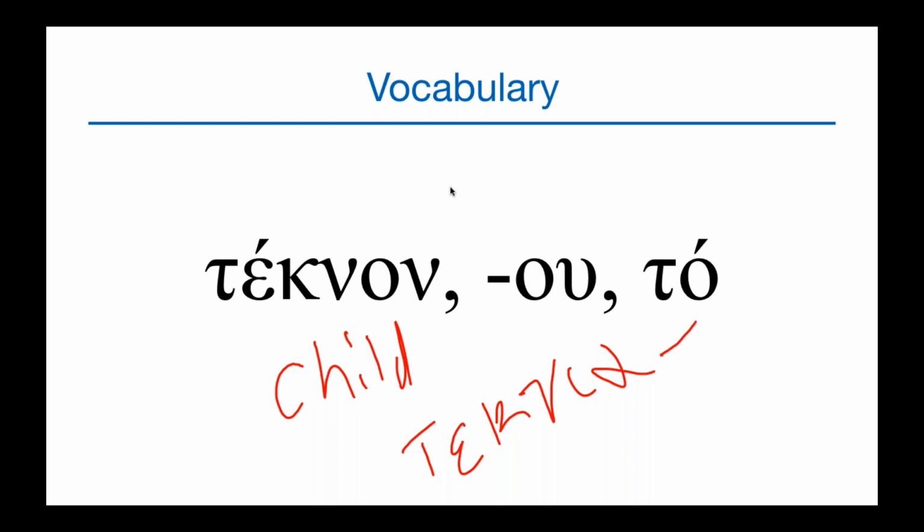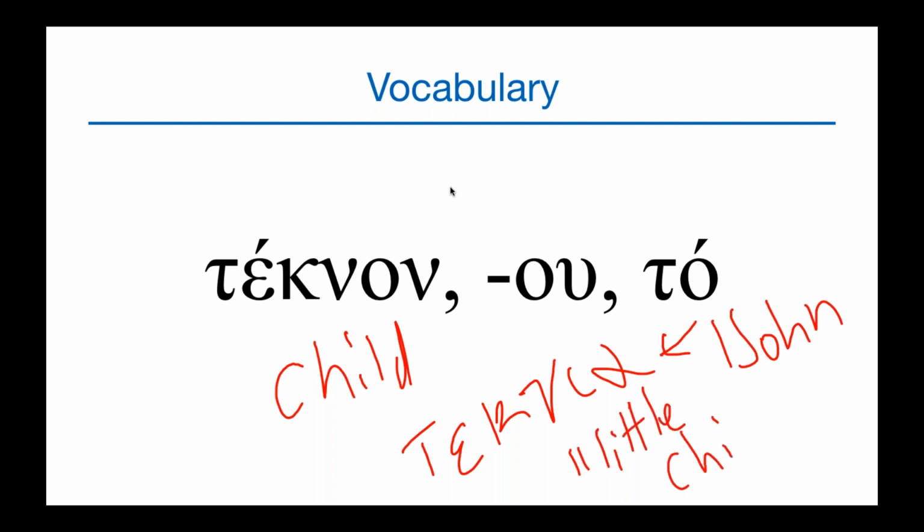Is it referring to natural gender? No. Or a totally different word? This is John's term that he uses in 1 John a few times. It means a little child or little children.